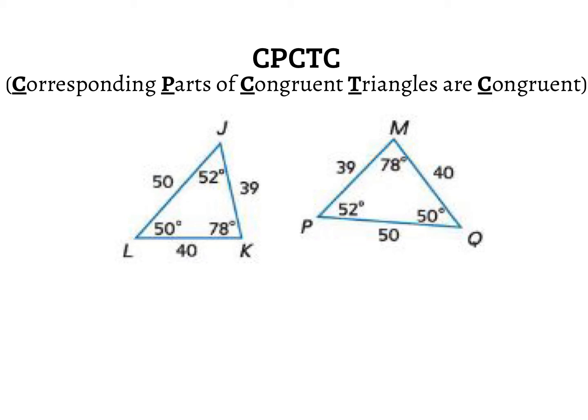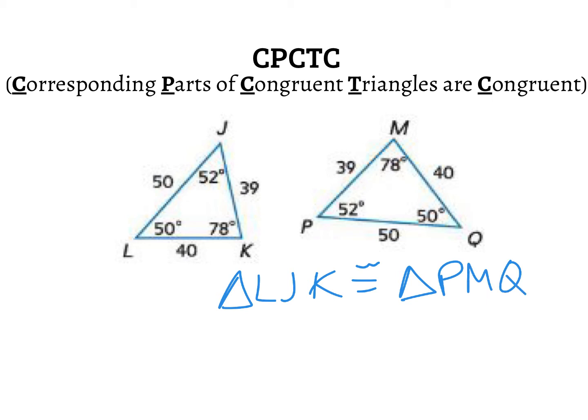When you're writing down this congruence statement, you need to make sure that the order in which you write it down is correct. You cannot simply say triangle LJK is congruent to triangle PMQ. Because if you look at it, angle J would correspond with angle P, and J is 52 degrees and P is 52 degrees in this scenario.